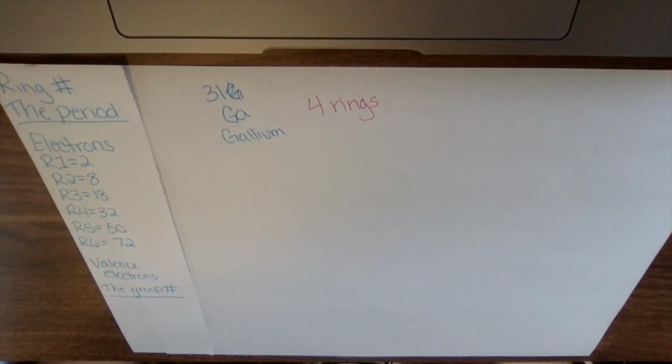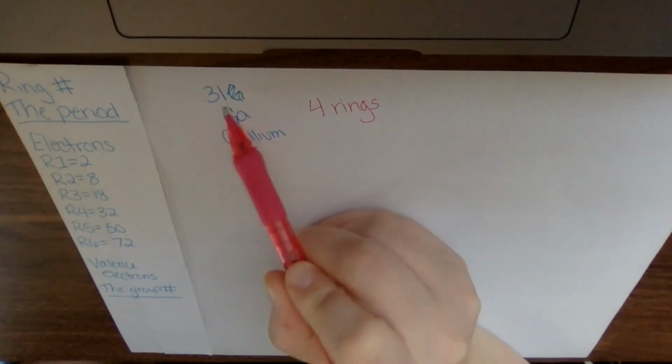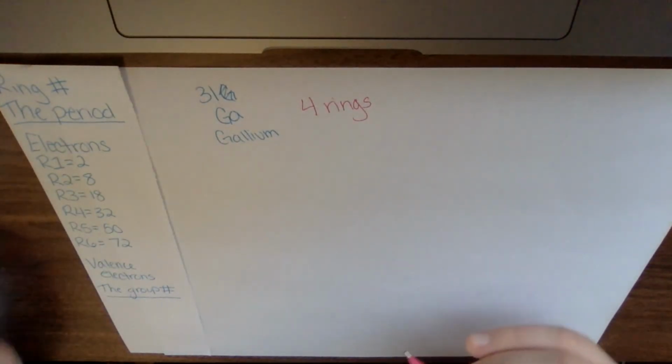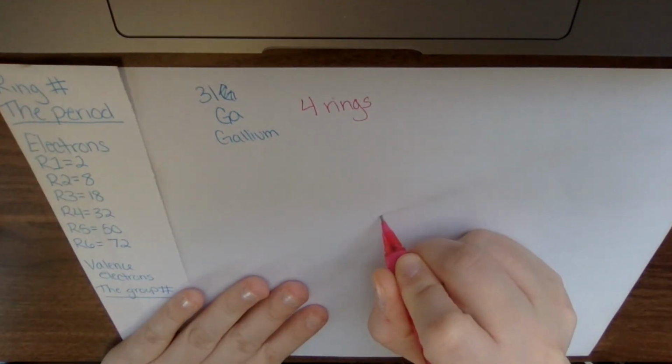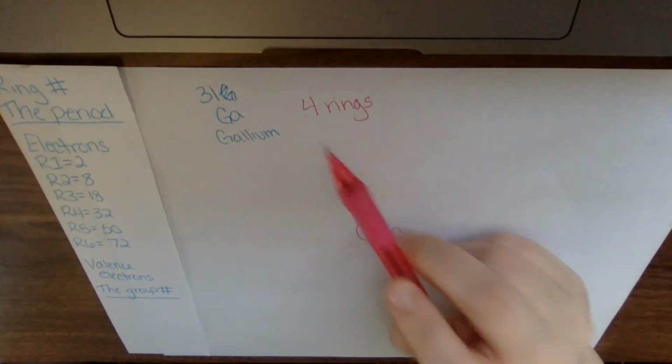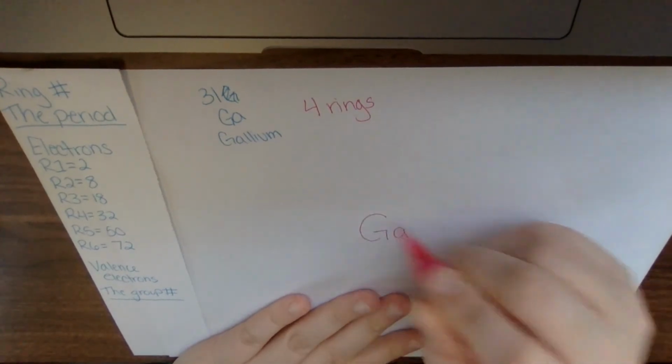Alright, in this next example we are going to do gallium. It's going to be a bit more because it does have 4 rings and 31 electrons. So I'm going to start off by again writing the element symbol here in the middle. So we have Ga. It has 4 rings because it's in the 4th period, so I'm going to draw 4 rings.